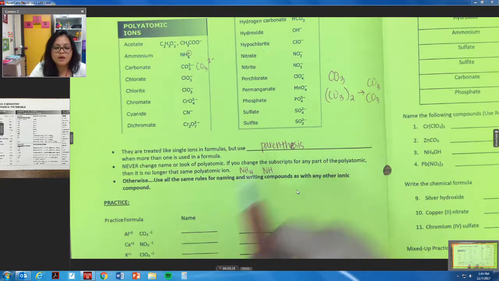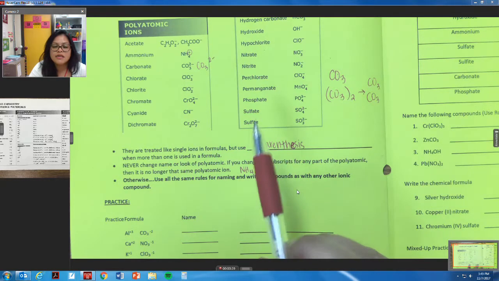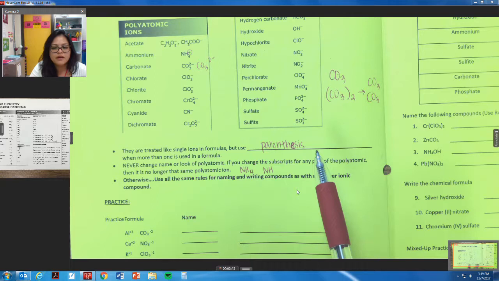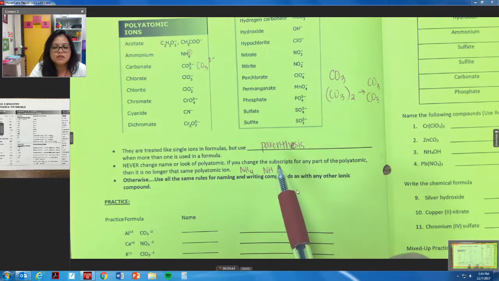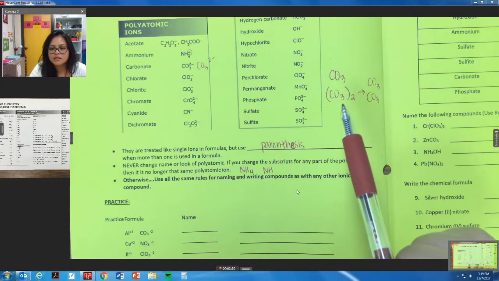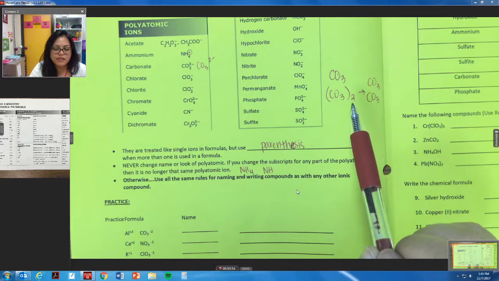Otherwise, use all the same rules for naming and writing compounds as with any other ionic compound. Really the only big thing here is that now we have polyatomic ions, and we need to use parentheses to separate our polyatomic ions and how many we have of each.